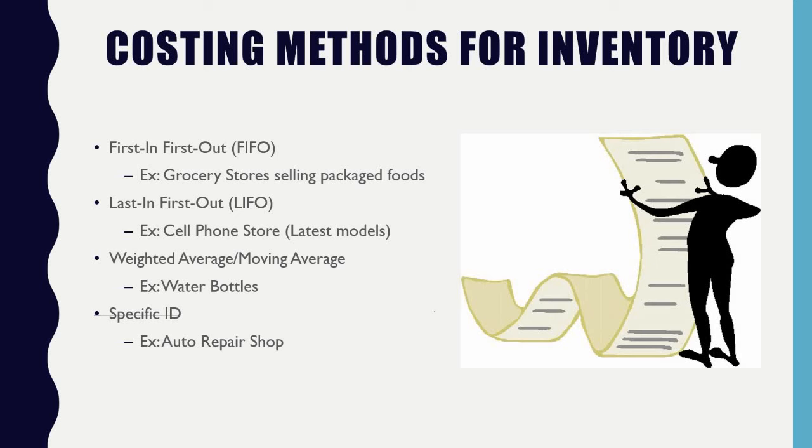Every store that you walk into, whether it's the Apple store, they want to get rid of the latest models first. Why? Because it's the most popular. However, the old models are still selling, but not as often. So again, the latest model, which would be the last thing you release, is usually the first thing that sells out first, okay?